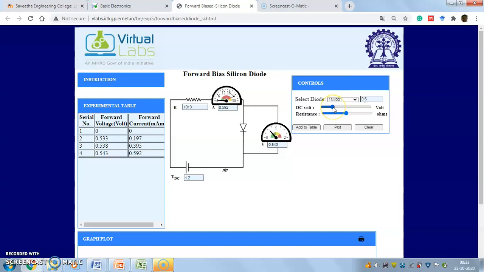So like that we can increase the voltages and measure the current. See, 1.2 to 1.4, then you can add the table values. 1.6, 1.8, 2.